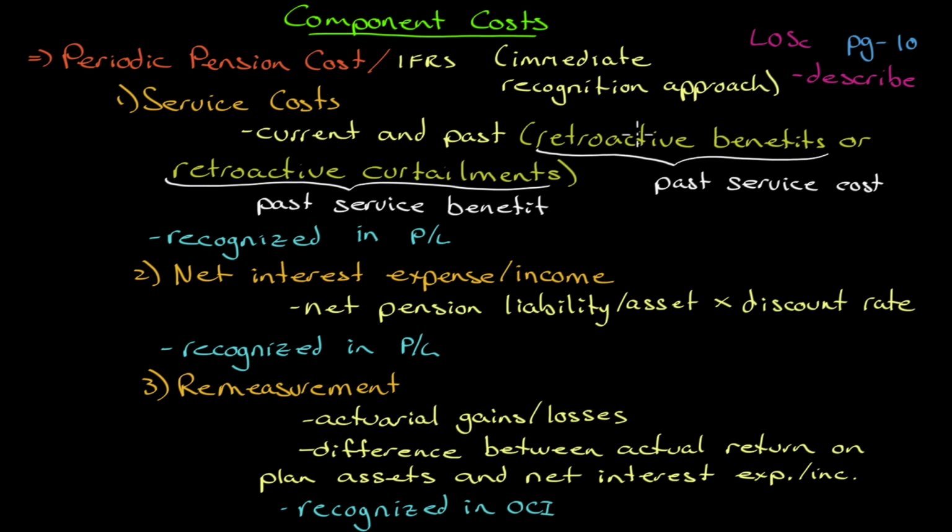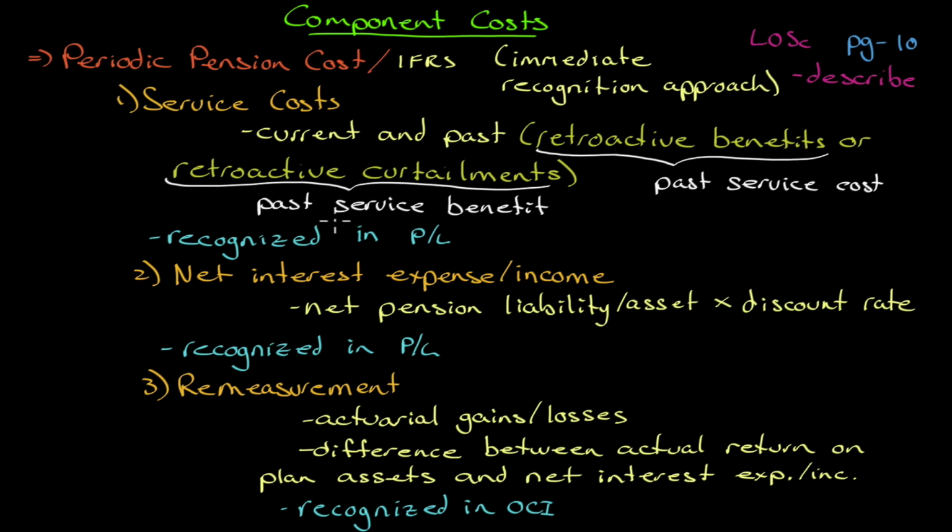While a retroactive benefit for the employee is a past service cost for me, a retroactive curtailment for the employee is a past service benefit for me. So let's be careful where we're using the word benefit here, right? When we say a retroactive benefit, that's the employee's benefit. It's my service cost. If it's a retroactive curtailment, that's the employee's curtailment.